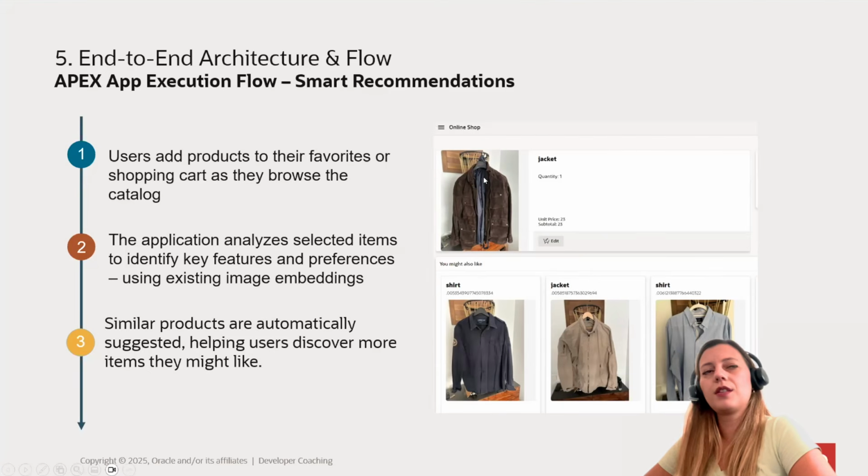Once you select a product that you like, you add it into your favorites or into your cart, we start to build smart recommendations, meaning we find similar products, based on image vectors, and we recommend products that are similar to the one that you already have in your favorites. This will help you to discover more items that you might like, or items that can work very well with what you already ordered.